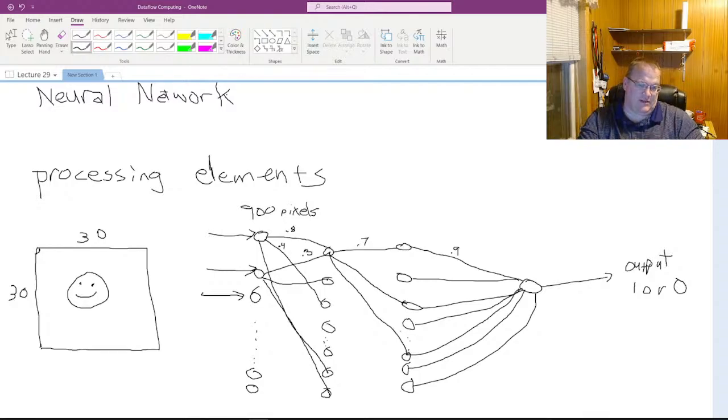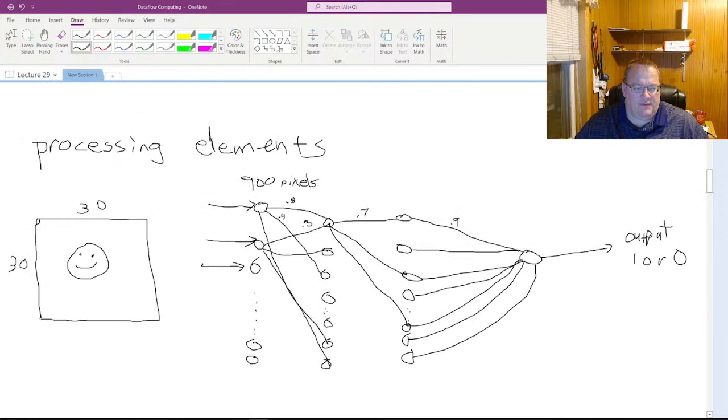Also, when it gets one that's incorrect, right? So if that's not a face, that gives it a little bit more information as well. And so each time it's able to work on those weight values. And now here's the interesting part.